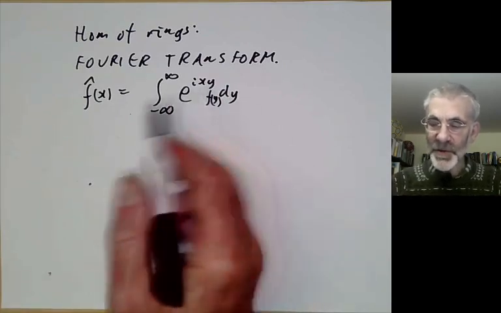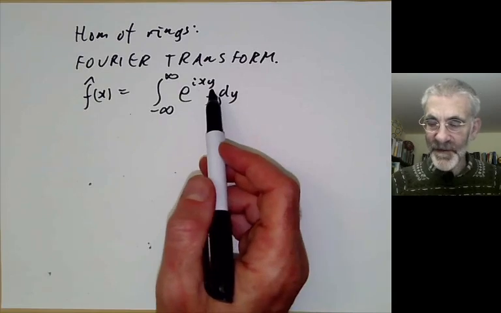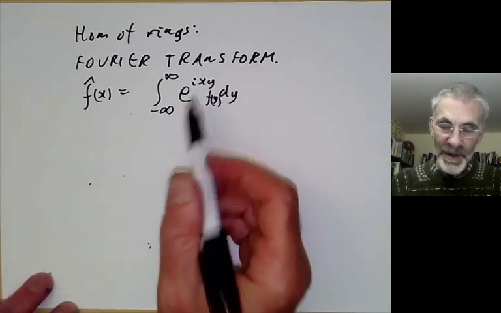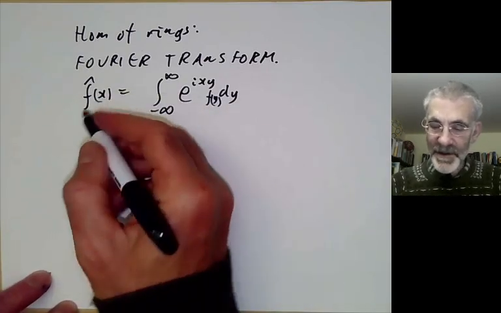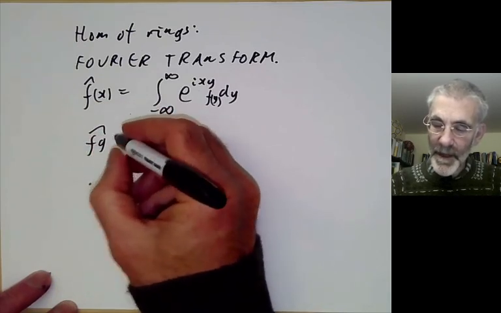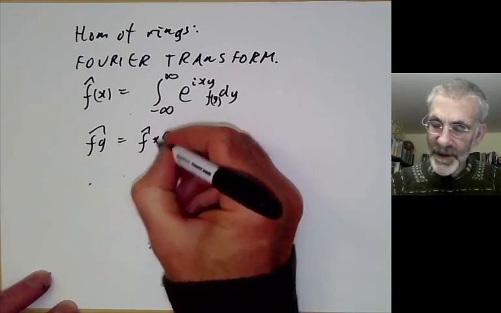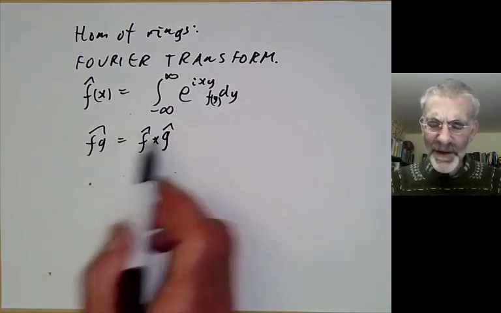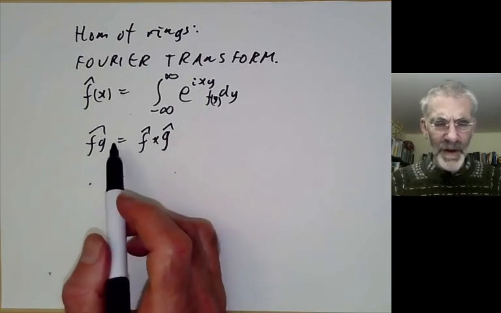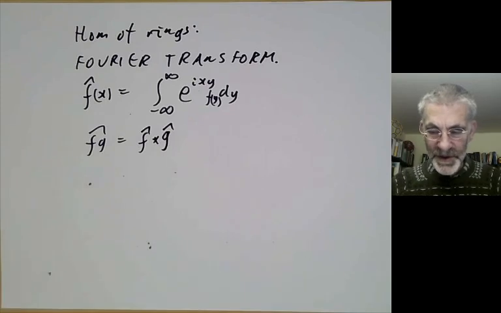There should be a factor of 2 pi that goes in there somewhere, but there are several different conventions for this, so I'm not going to worry about this too much. Then you find that under suitable conditions, the Fourier transform of the convolution of f and g is the product of the Fourier transforms of f and g. Of course, to make this work, you need to put in some sort of condition on f to make sure that all the integrals converge and so on.